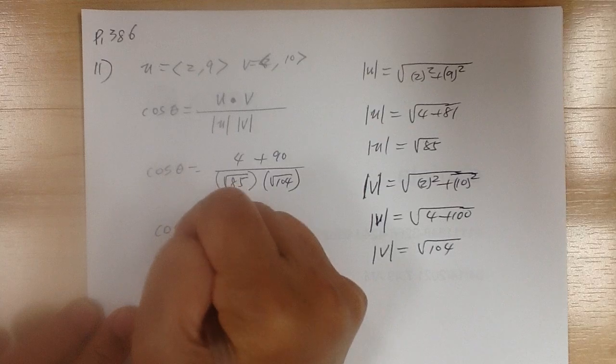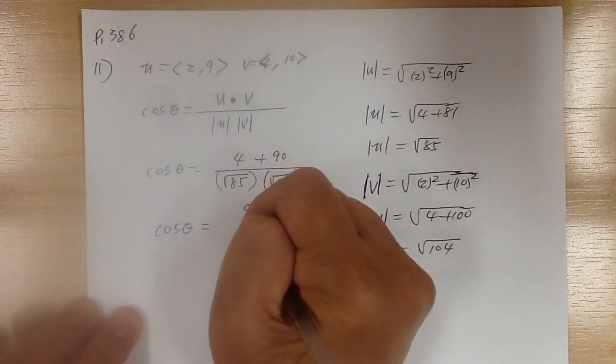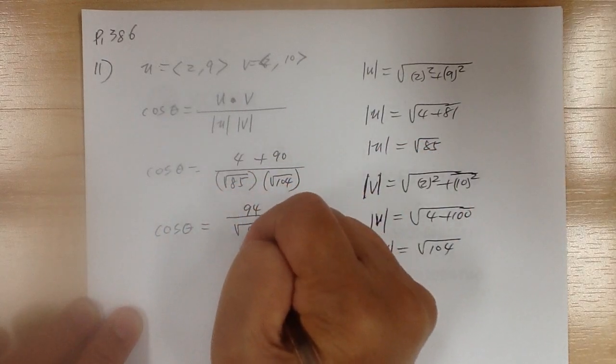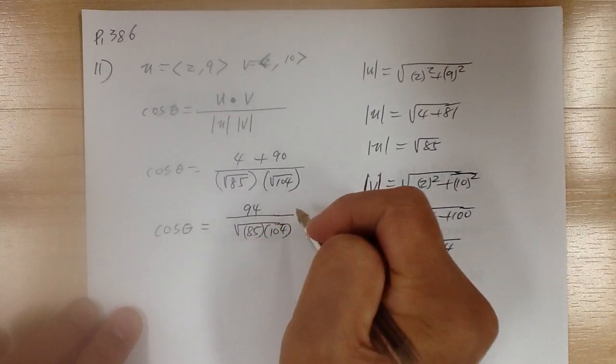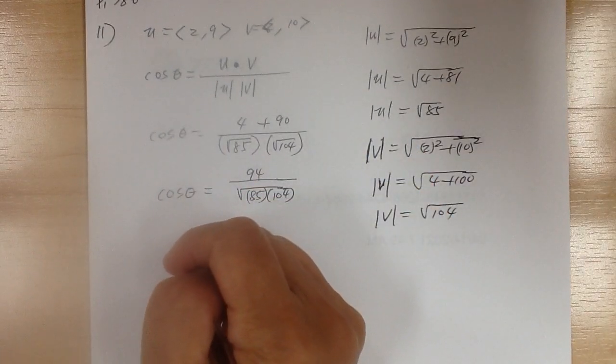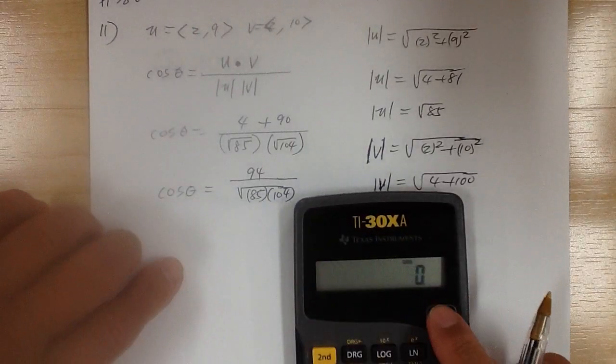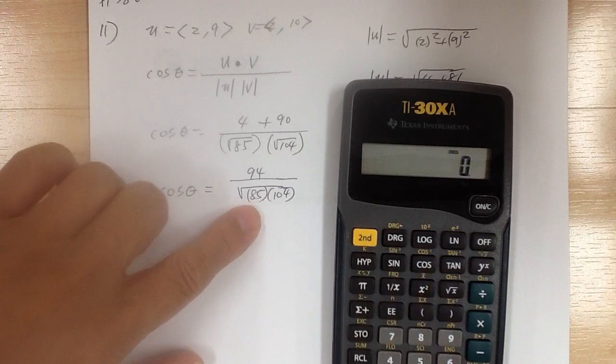Okay, so cosine theta equals 94 over the square root of 85 times 104. Let's get a calculator and work it out. I'm going to work out the bottom first.